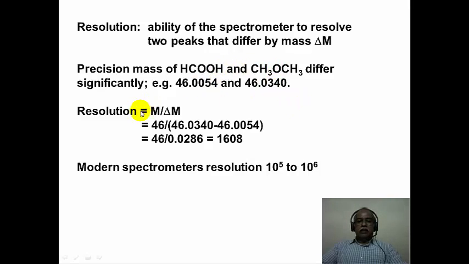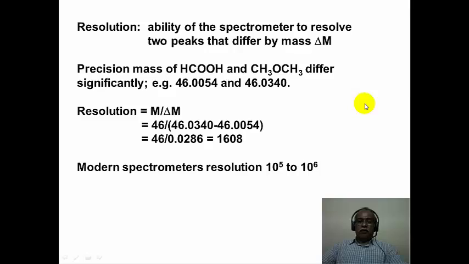Now, the resolution is defined as m divided by delta m. M is essentially 46. The unit resolution mass is 46. And the difference between these two fractional masses is essentially 0.0286. So as long as the mass spectrometer has a resolving power of 1600 or so, it will be able to differentiate between this mass and this mass.